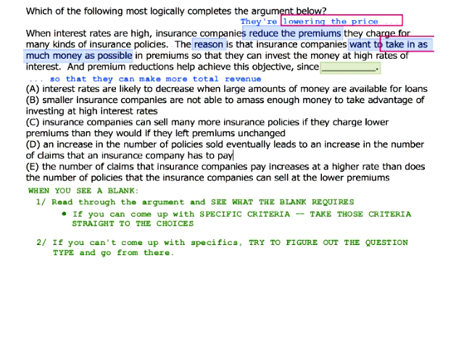And then the passage goes on to say that, yes, indeed, this action really does help achieve this goal. What are we looking for in the blank? While you guys are typing, I'm going to type the summary that we have up there down here. So they're lowering the prices.